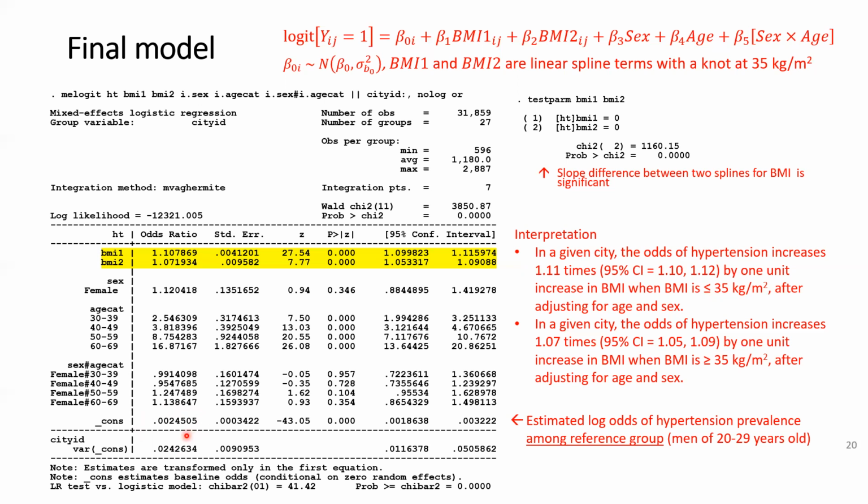But now, since this model contains categorical variables, sex and age, this constant term is the prevalence among a specific population. And what is that population? In this case, men of 20 to 29 years old. If you want to get the estimated overall prevalence, we have to do a linear combination of this value and this value.